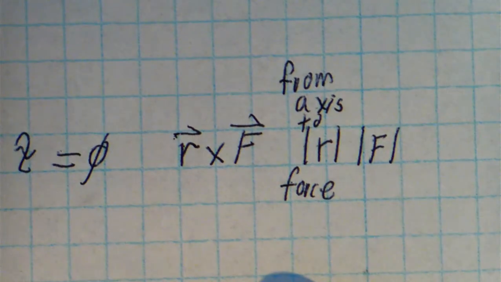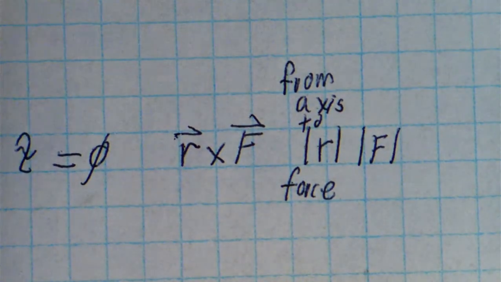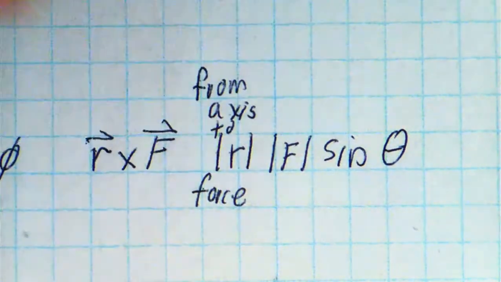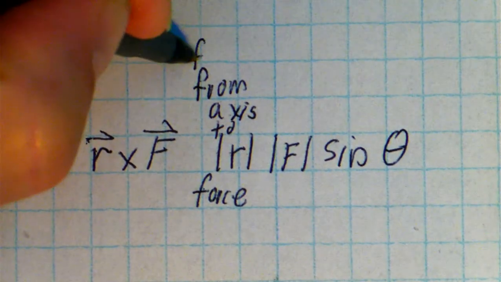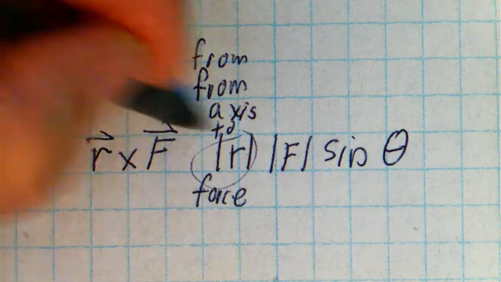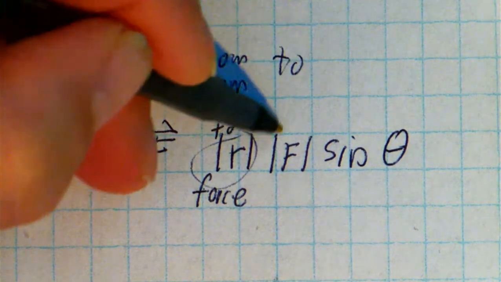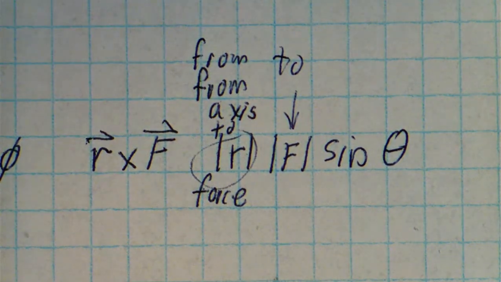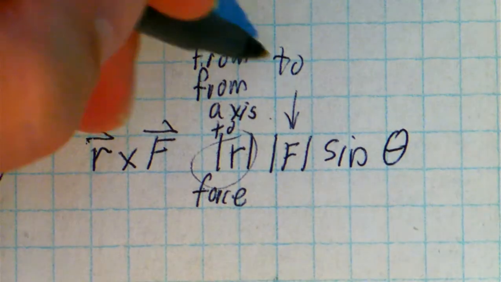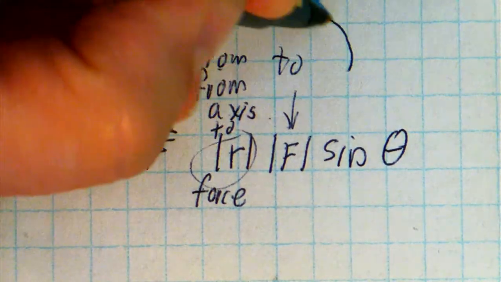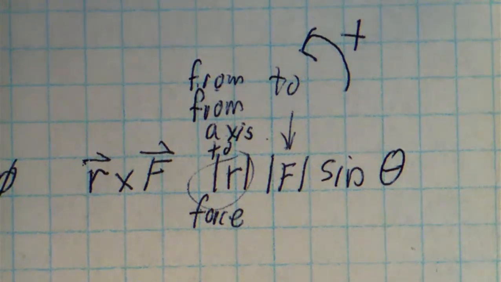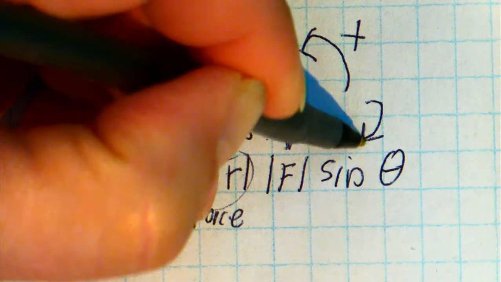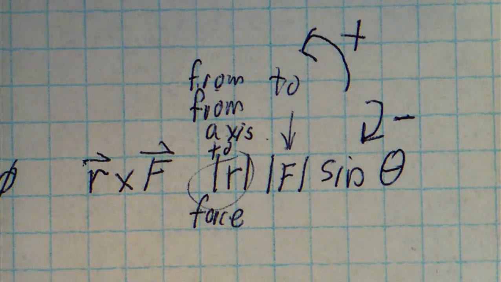So I'm putting it as absolute value just to say, look, it's the magnitude of the force times the sine of the angle between these two directions, and always from this first direction to this second direction, always in that order. From to, if it goes counterclockwise, then that is a positive angle. If it goes clockwise, that is a negative angle.